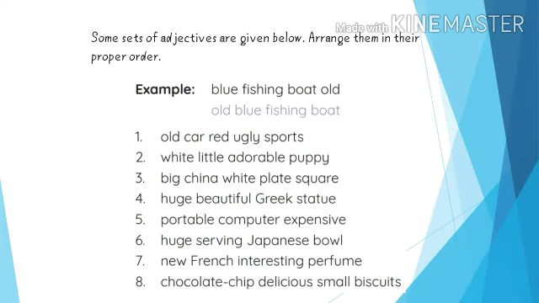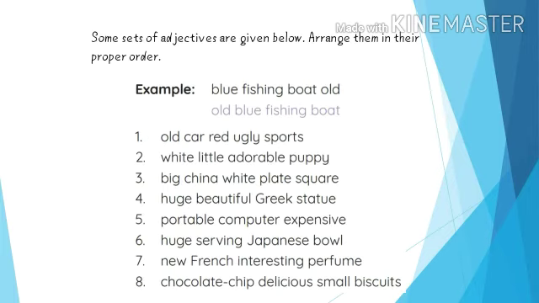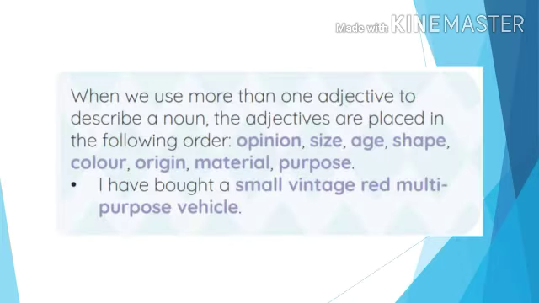We need to find out which comes first by writing down those words. So here what will come is: ugly old red sports car.